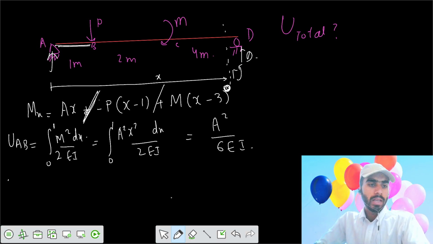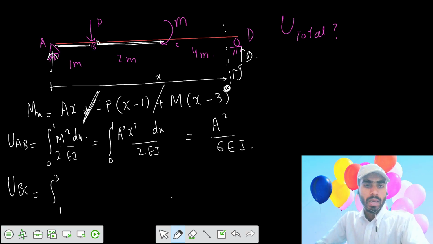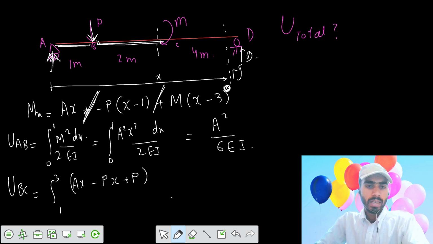Similarly, if you want to find the strain energy stored in the part BC, you take the limit from 1 meter to 3 meters. Moment in BC is contributed by two loads: one is your reaction at A, and the next is the point load P. So two terms are included in the moment equation: A into x, minus P times (x minus 1).